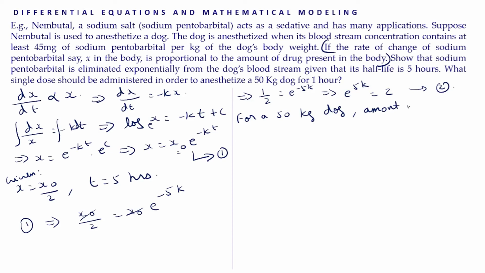The amount of drug after 1 hour should be 45 mg per kg into 50 kg. So the amount of drug should be 2250 mg.